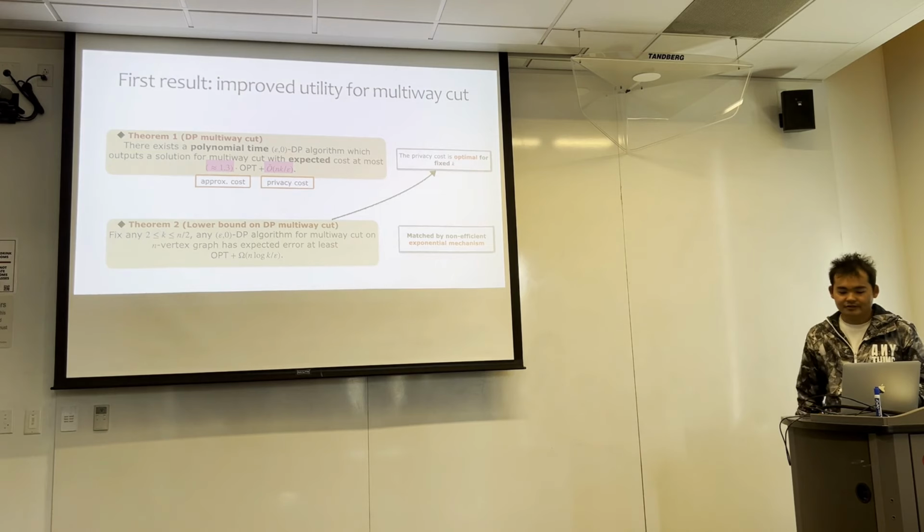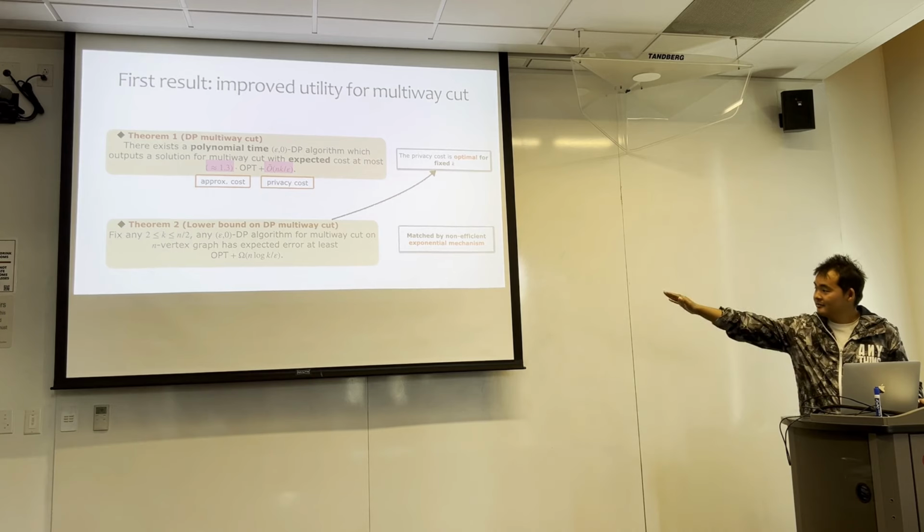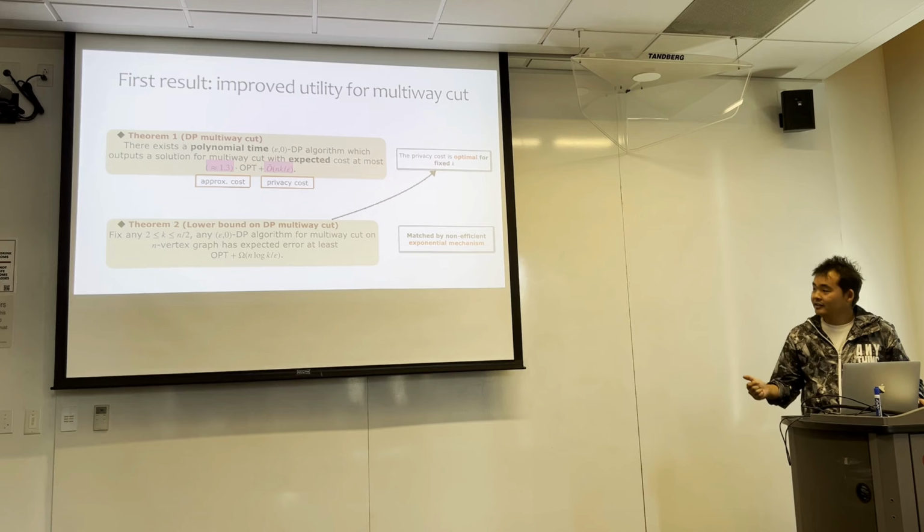For the lower bound, we show that any pure differentially private algorithm for multiway cut has to suffer at least n log k additive error. This is optimal because it is already matched by the non-efficient exponential mechanism. For the lower bound, the algorithm is not required to be polynomial-time. So there's no multiplicative factor, because you are allowed to run exponential time.